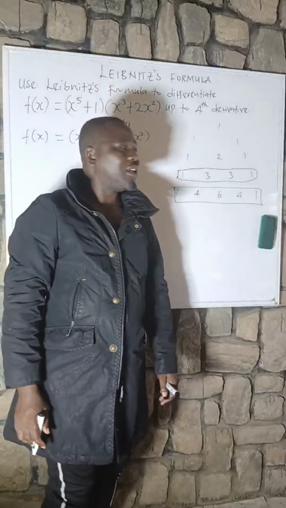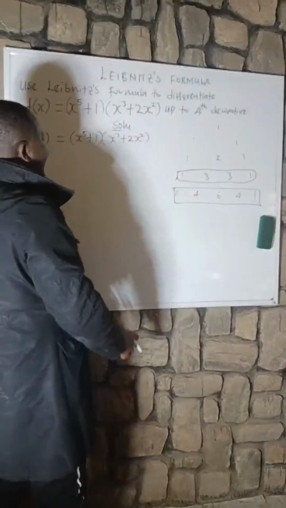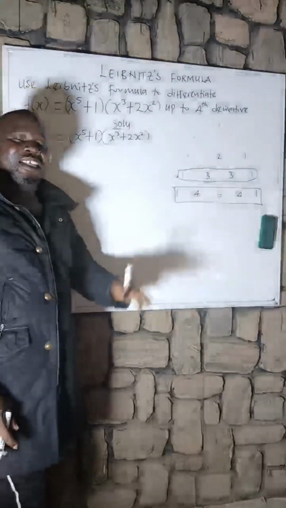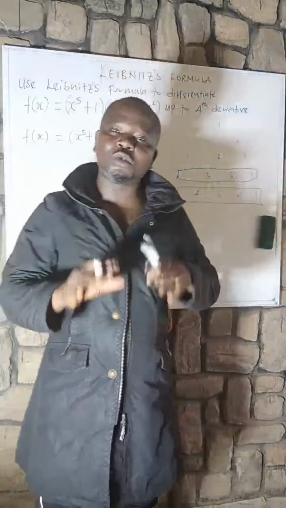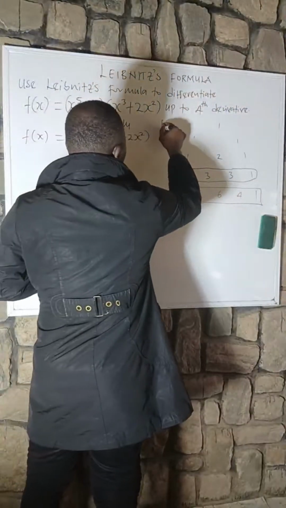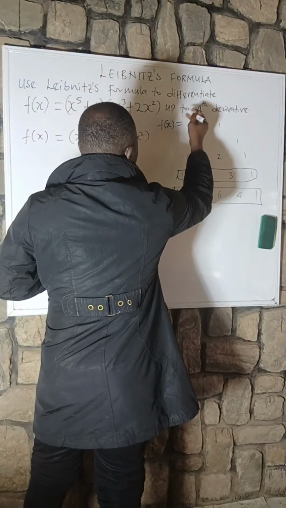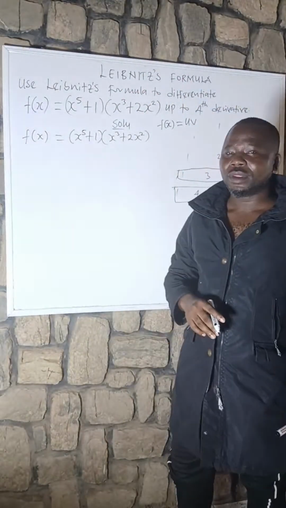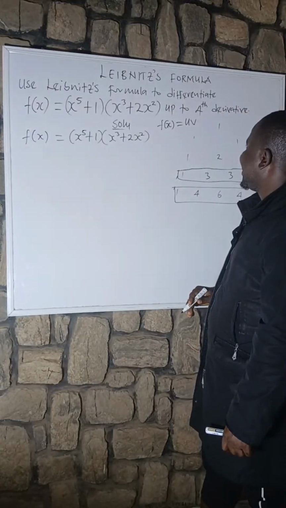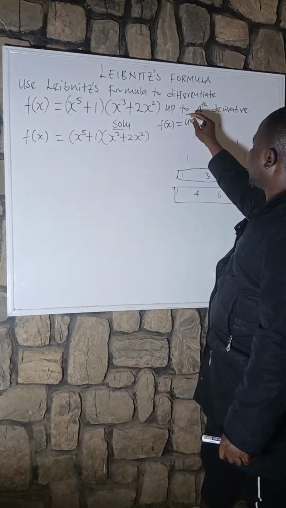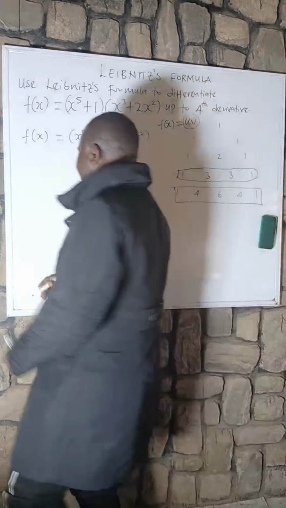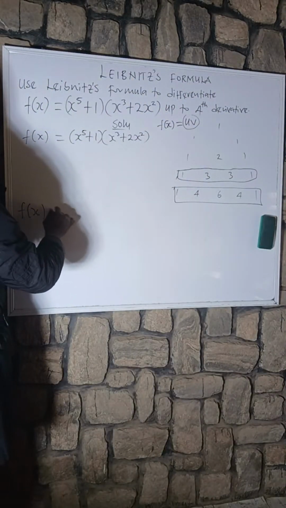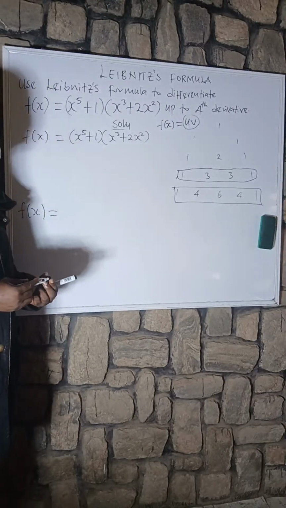Then already the function, as I said earlier, is in the form of product rule, true or false? So it means our f of x is equal to uv. So what we need to do here is we now f of x is equals to.